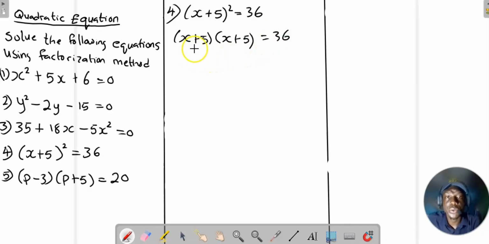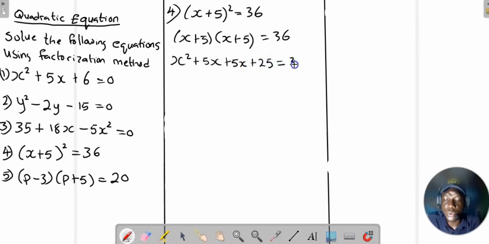Now here's what you do. You multiply the brackets. Just open the bracket. x times x will give you x squared. x times 5 will give you plus 5x. Plus 5 times x will give you plus 5x. Plus 5 times plus 5 will give you plus 25.